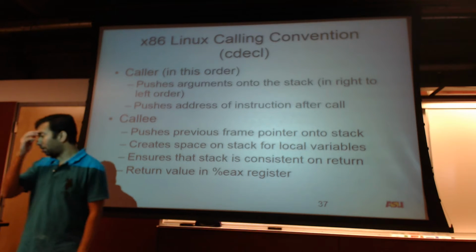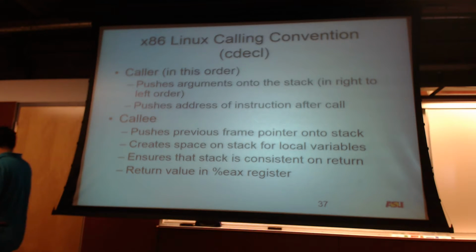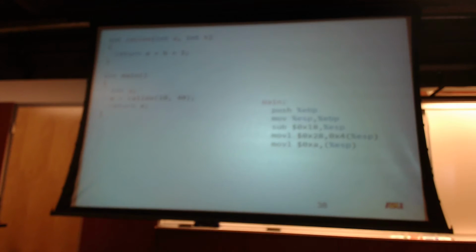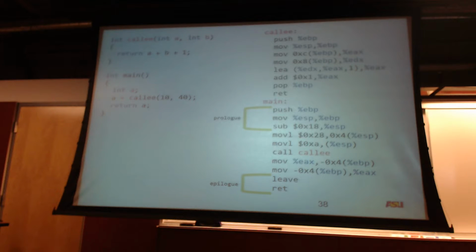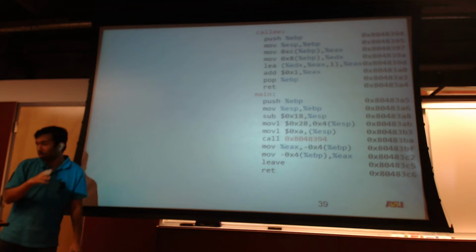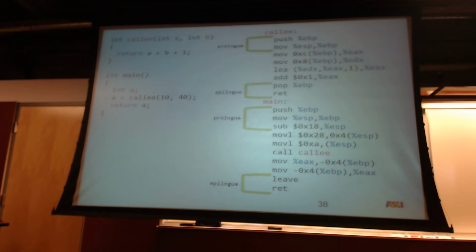Now let's see an example. Let's directly go to the stack. Okay, so this is the setting. This is the assembly level code for this code.